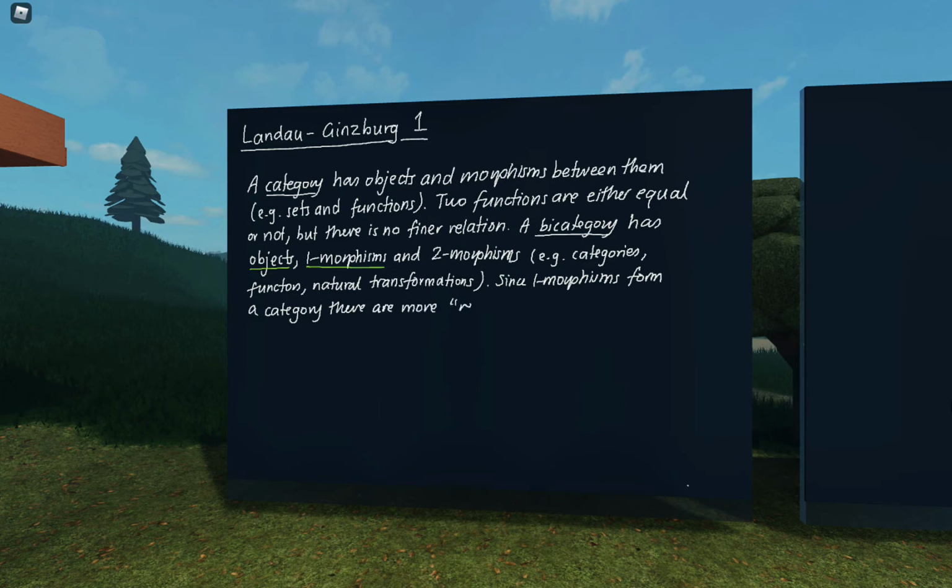I won't say what I mean by relations, but for example, you can have one functor being a subobject of another functor, and that happens all the time. Alright, so that's an abstract categorical statement. We'll be focused in this series of seminars on a very particular bicategory.